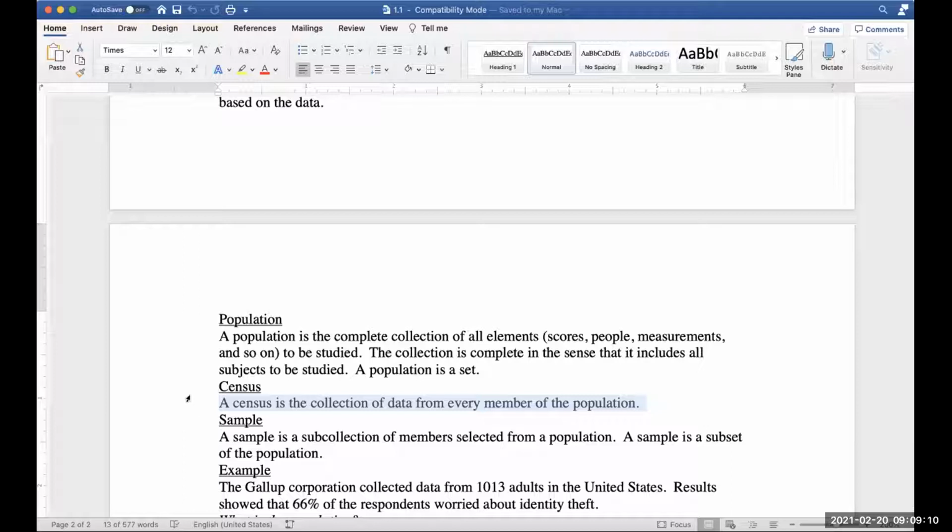Look at the budget of how much it costs to conduct the US Census. And it takes a long time. Basically, in the United States, it takes like 10 years to conduct a census.